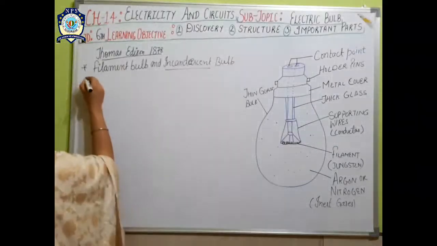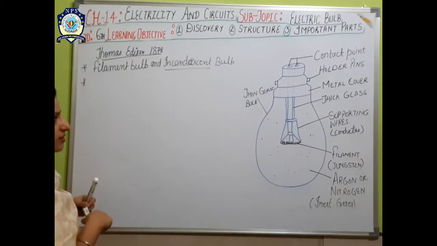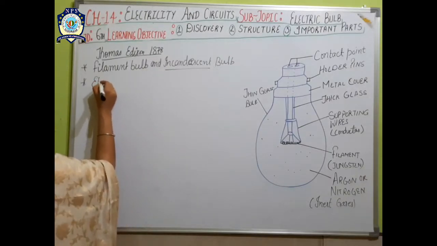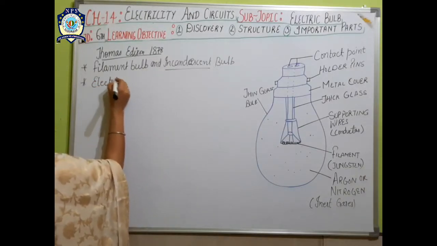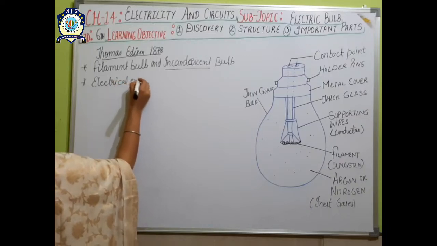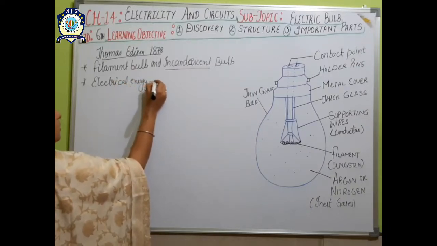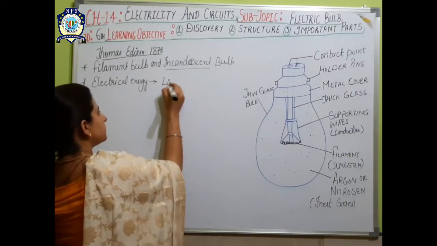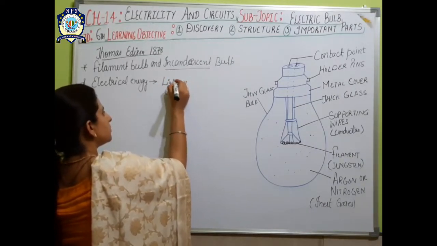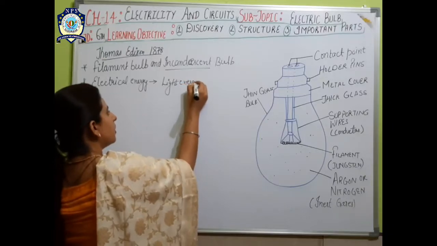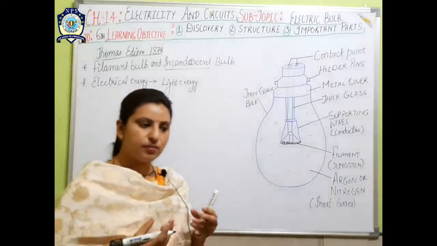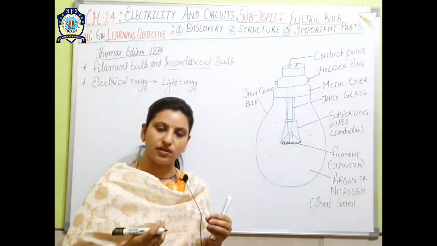The basic principle on which the bulb depends is that it converts electrical energy to light energy. Along with the light, some amount of heat is also emitted.